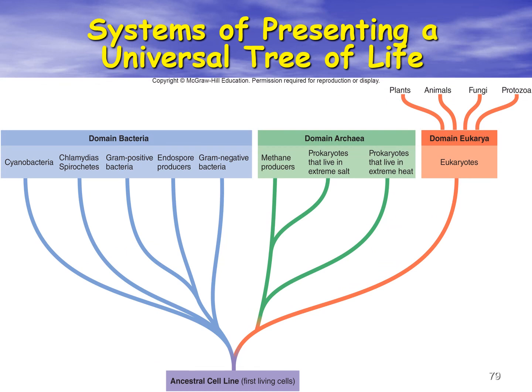So this just simply shows the cladogram from the ancestral cell line, the first living cells, and then the branching into the domain bacteria, domain archaea, and domain eukarya. Interestingly enough, archaea and eukarya actually have more in common than the archaea and the bacteria do with each other.